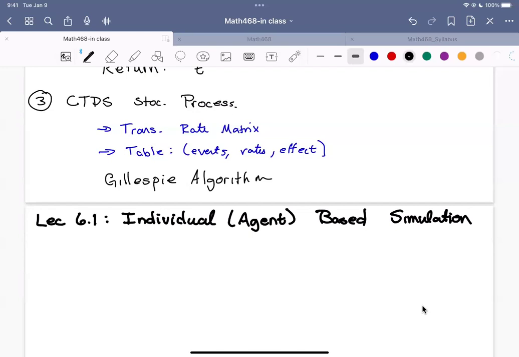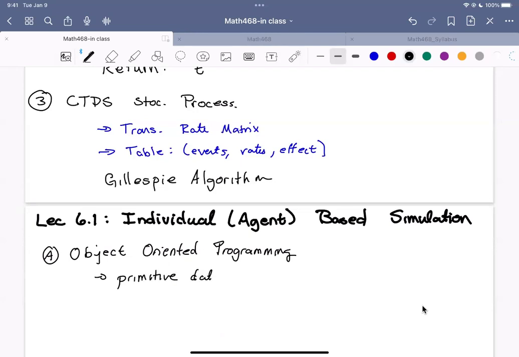So the thing that I want to begin with talking about today is this concept of object-oriented programming. Computers have what we call primitive data types.